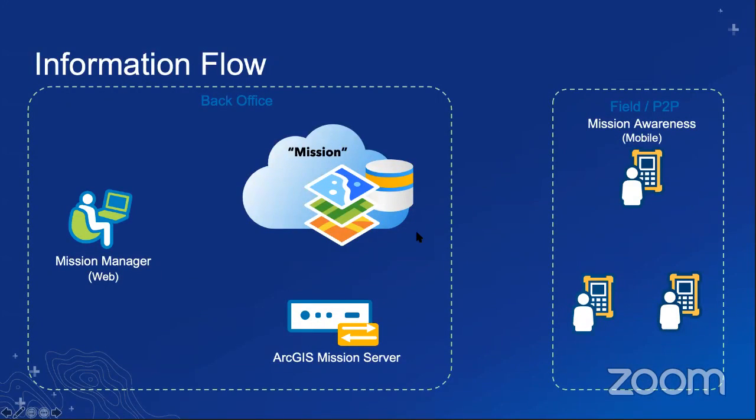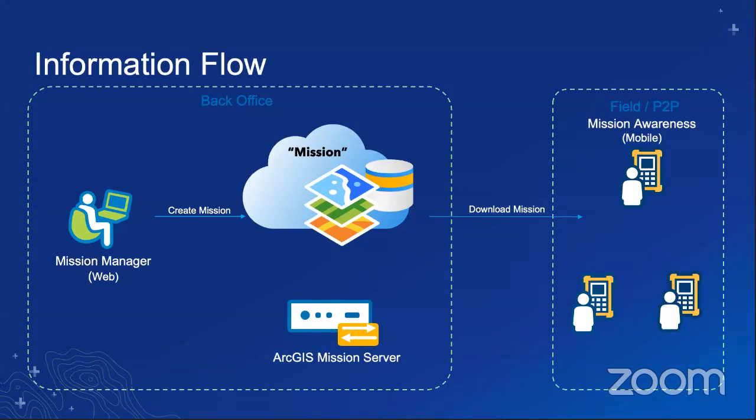So how does information flow inside this solution? As you see on the screen, we have the back office on the left and the field on the right, and we will see how information is persisted. The manager will be creating a mission. With that mission, new items will be created, like feature services, web map services, and other items like attachments and information about team members.